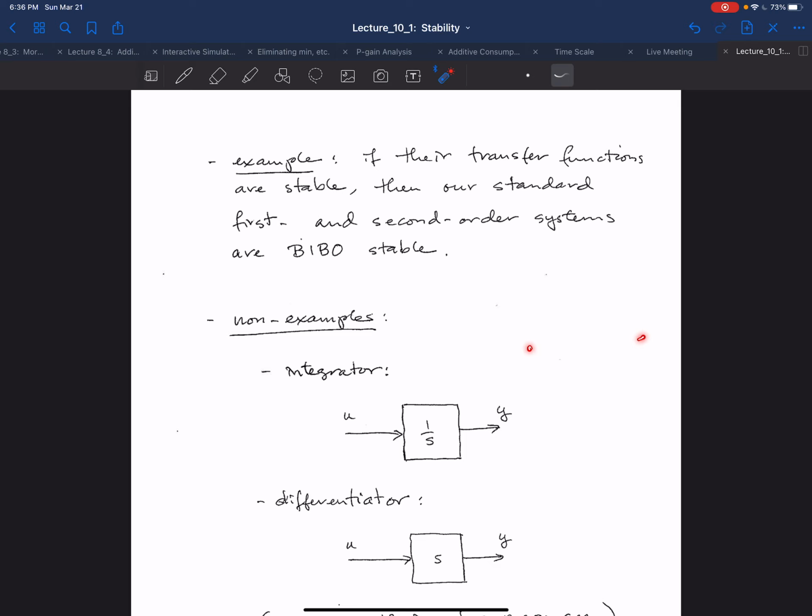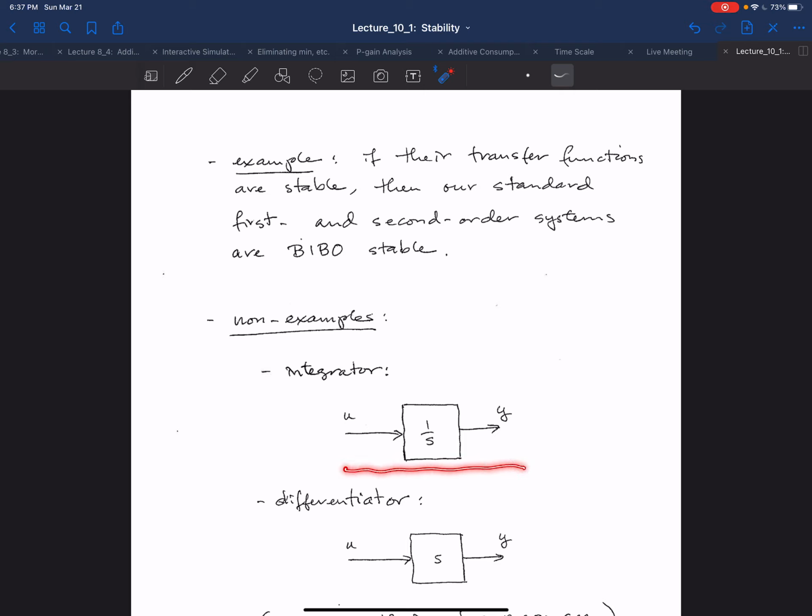Now if the initial conditions are not specified, then you don't have that uniqueness. For a given input signal there could be many different output signals depending on the values of the initial conditions. So to avoid that ambiguity, we are almost always talking about zero state response when we talk about systems. So the initial conditions are all zero.